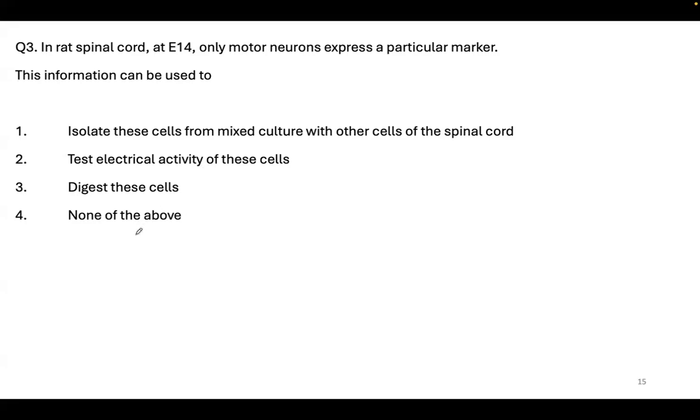Can you digest these cells, or can you not do anything with this information? So once you know that at a particular stage, a particular subtype of cell is expressing a particular marker, then with that information, you can isolate the cells if they are mixed with something else.